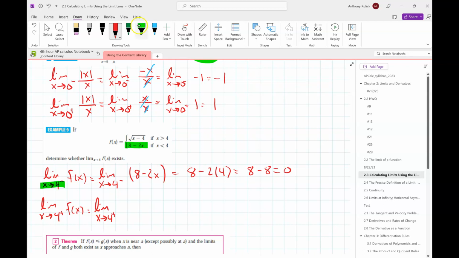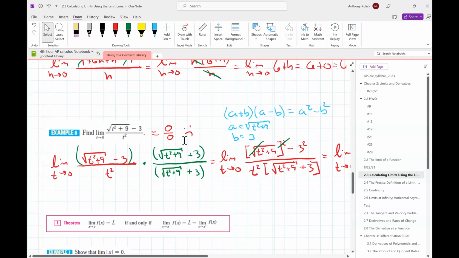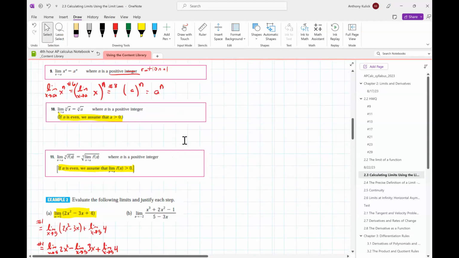So again, because we're looking at from the right, we're looking at x bigger than 4. Can I do direct substitution on this? No, because my function is not polynomial or rational. It's a radical function. However, if I go back and look at property 11, let me scroll back so we can see it.